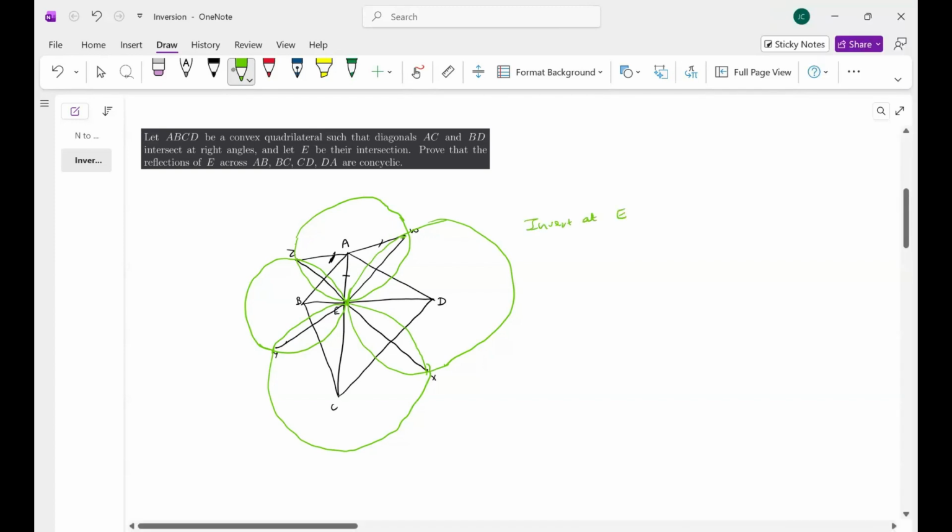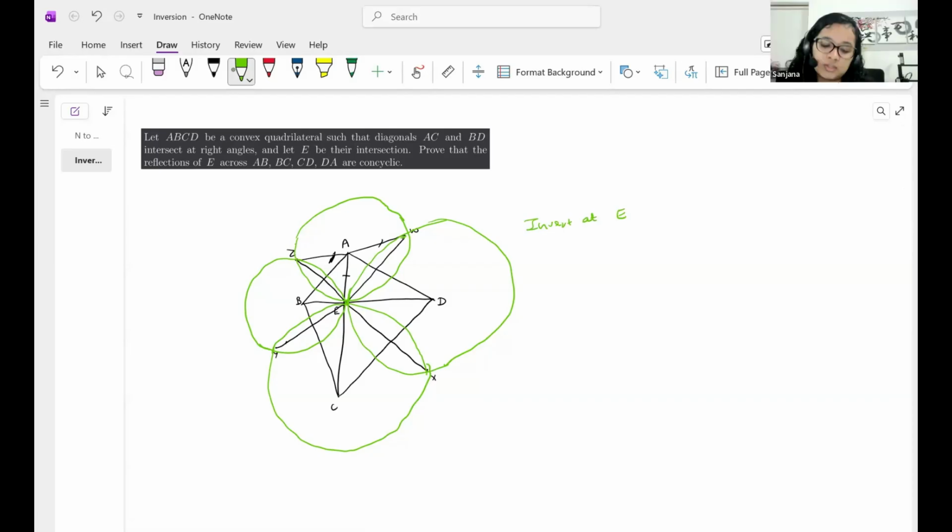So that becomes like the radical axis of the circle. Yes, true. What do you mean by radical axis? The circles don't map to the radical axis. They form the quadrilateral XYZW.